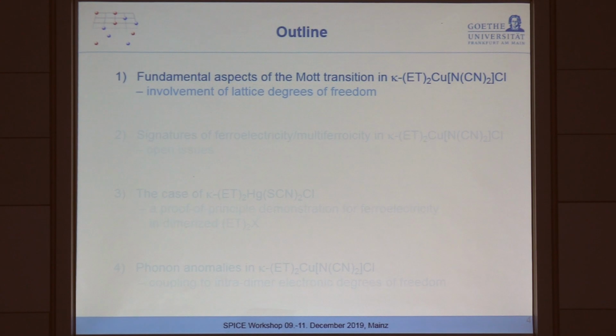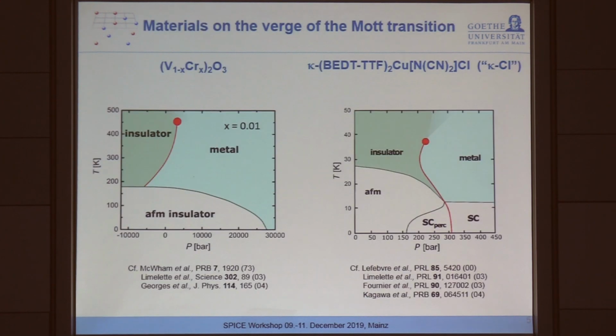So the first part: the fundamental aspect of the Mott transition in this system. Although Mott physics is of relevance for a wide class of correlated electron materials, there are only a very limited number of materials where you can actually access the Mott transition experimentally. One of the examples, which we have seen on Monday in Colin Boham's talk, is the well-known vanadium-2O3, vanadium oxide doped with chromium.